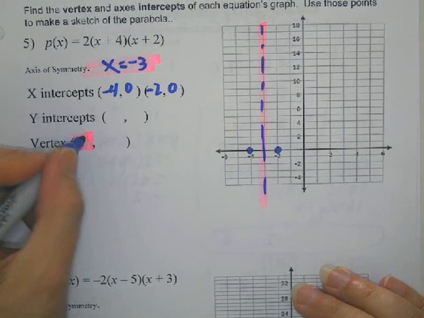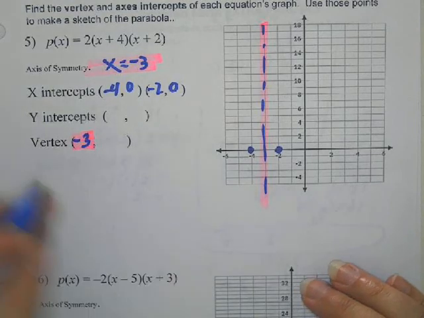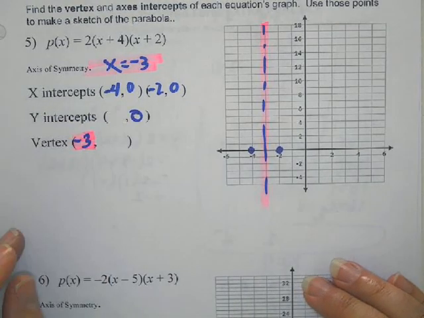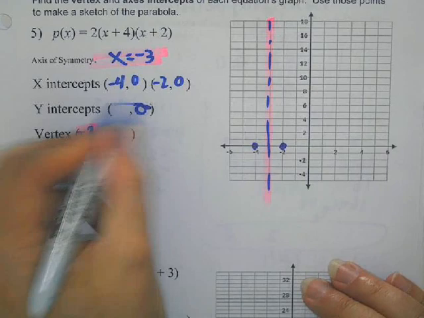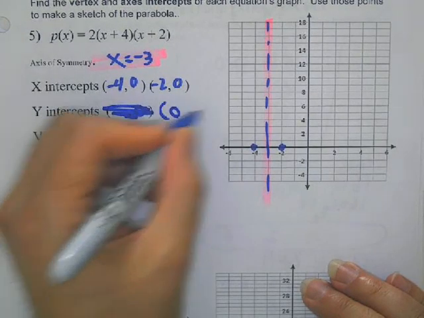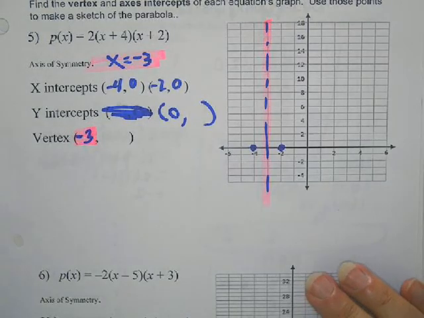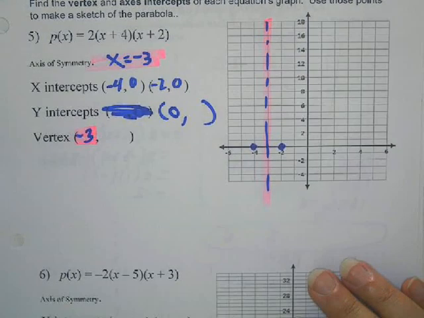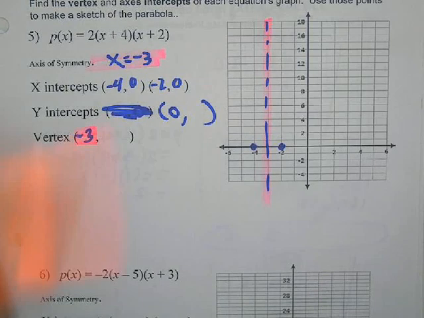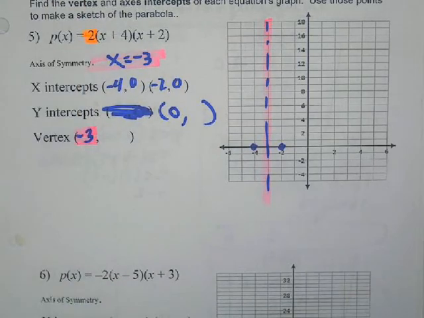The y-intercept, well, oops, x is 0 on the y-intercept. So we don't have to solve for the orange number. We already know it's 2. That's nice. Okay, so let's find the y-intercept. Doesn't matter if I find y-intercept or vertex first.